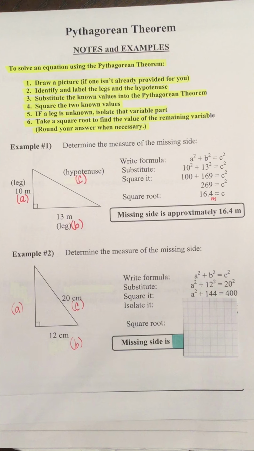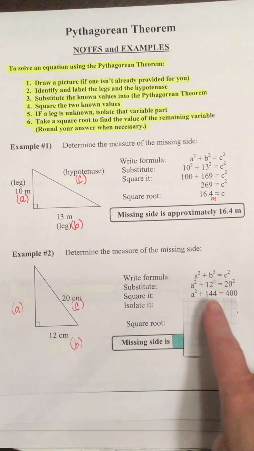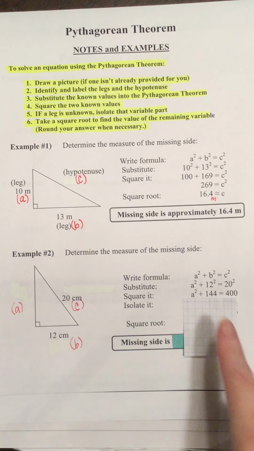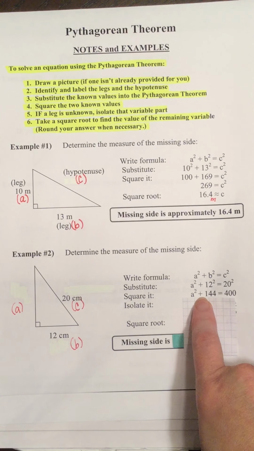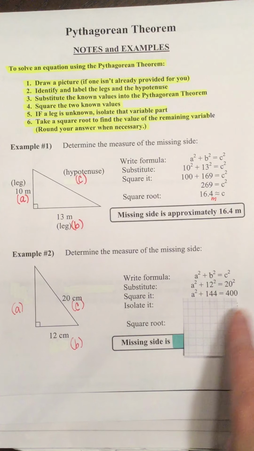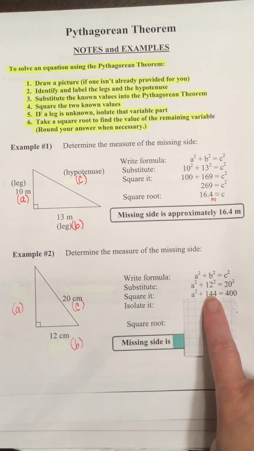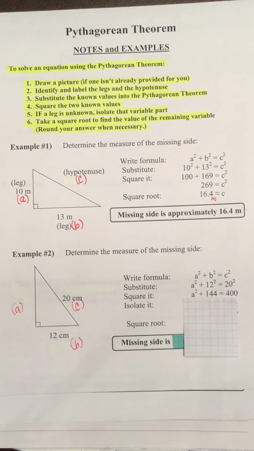We do that by moving what we have to the other side. Remember from solving basic equations or one-step equations in 7th grade, if this is plus 144, to get it to the other side, we need to subtract 144 from both sides of our equation.